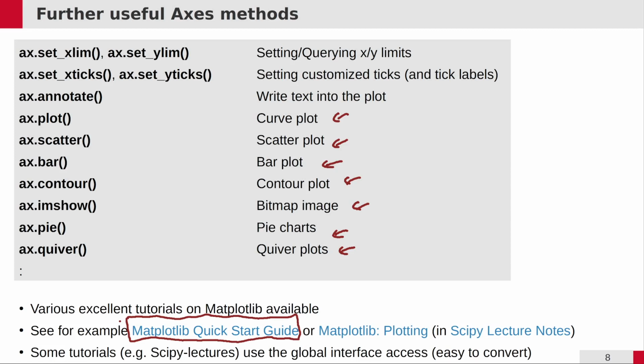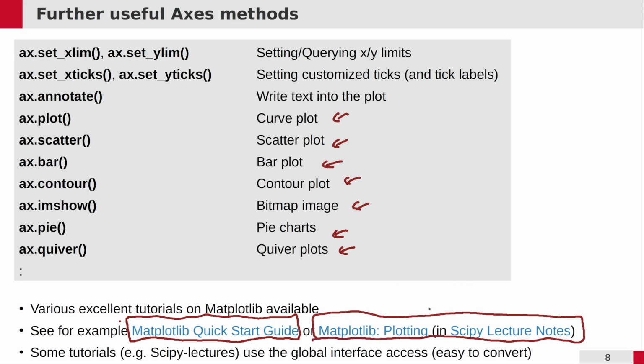The last remark before we finish here is that the Matplotlib Quick Start Guide uses the same notation, the instance variable notation, which I have used in this course. Another very nice tutorial is the Matplotlib plotting in the SciPy lecture notes, which I also recommend for advanced users.